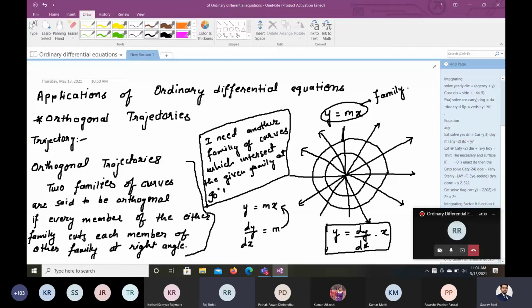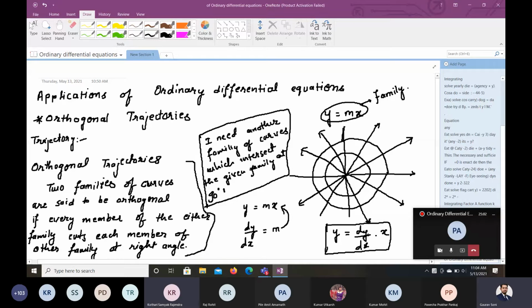So when you differentiate as many times as the arbitrary constants are there and you eliminate the arbitrary constant, what do you get? Differential equation. So differential equation of the given family. Yes. So now in this, what will this dy by dx represent?